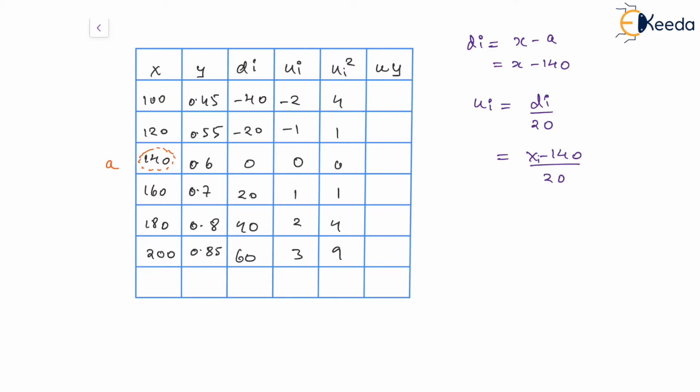So 0.45 times minus 2 will be minus 0.9, 0.55 times minus 1 will be minus 0.55, this will be 0, 0.7 times 1, 0.8 times 2 and 0.85 times 3, that is 2.55.